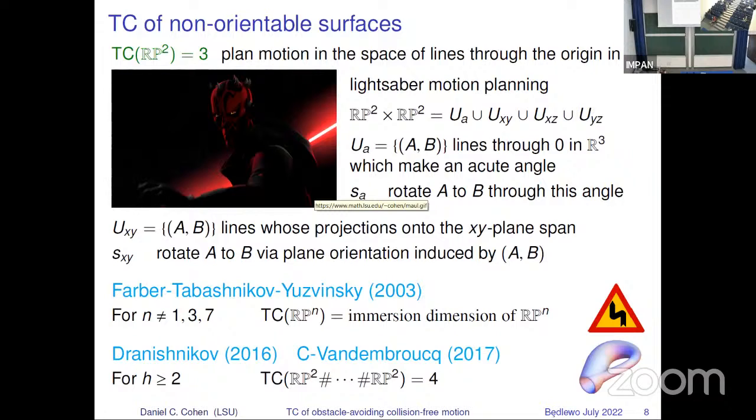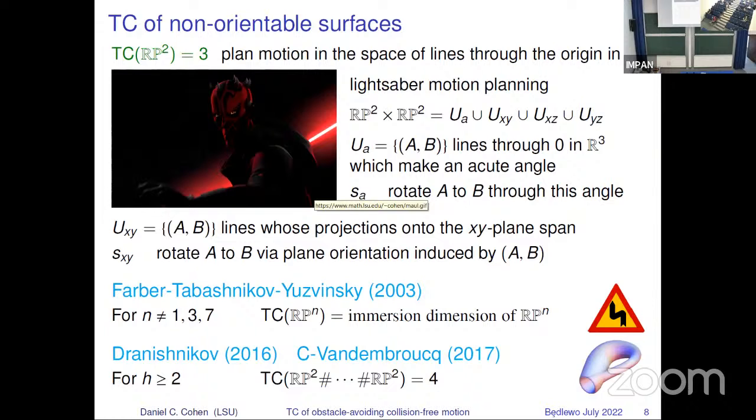Yeah, this is a particular case of a pretty famous theorem of Farber, Tabachnikov, and Yuzvinsky that says for most values of n, this number, the topological complexity of projective n space, is equal to the immersion dimension of that space. And that's why I put the little dangerous curve sign. This is a very hard problem in algebra.